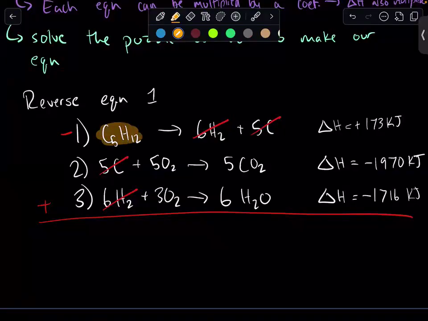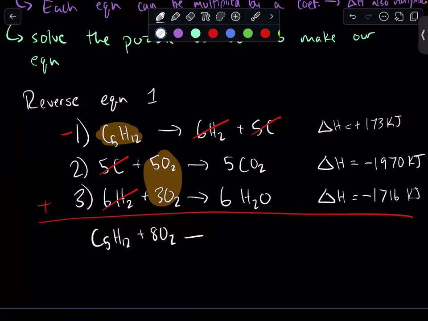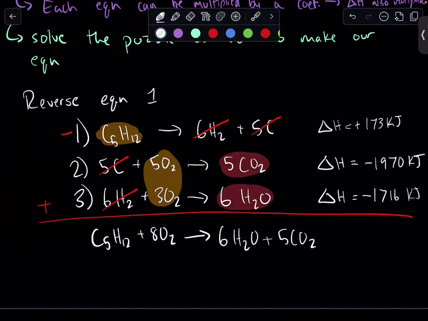Pentane plus 8 oxygen, so C5H12 plus 8O2 reacts to form our 6H2O plus 5CO2.